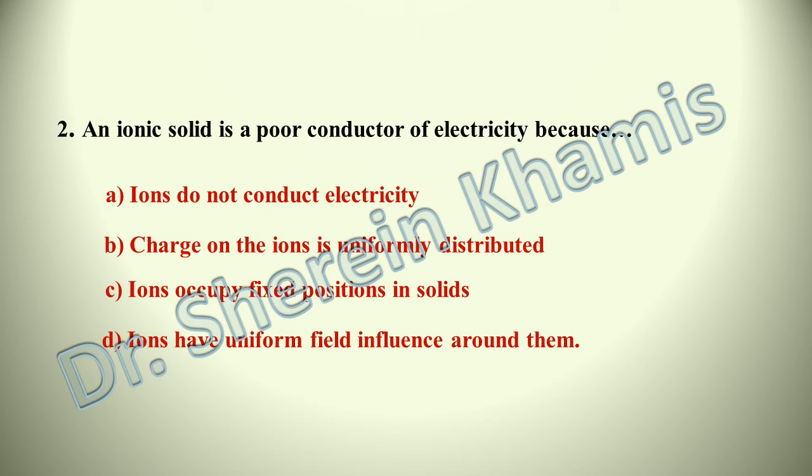What makes an ionic solid a poor conductor of electricity? The right answer is that ions occupy fixed positions in the solid.